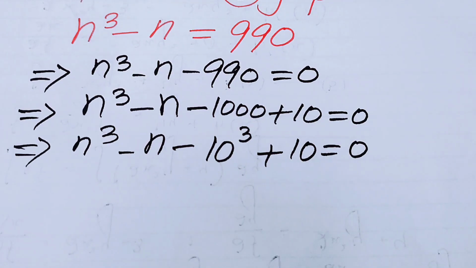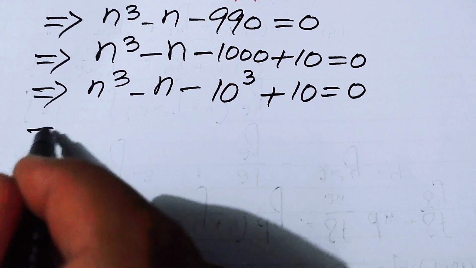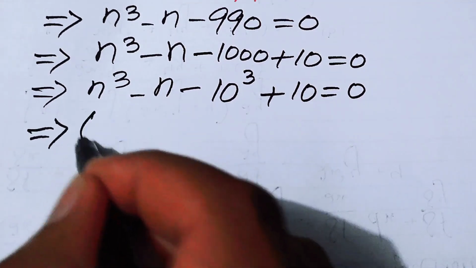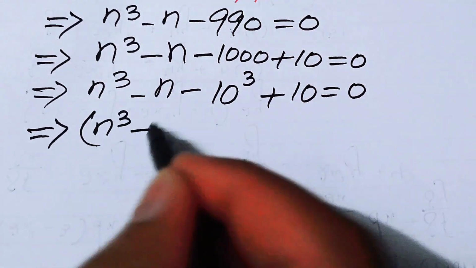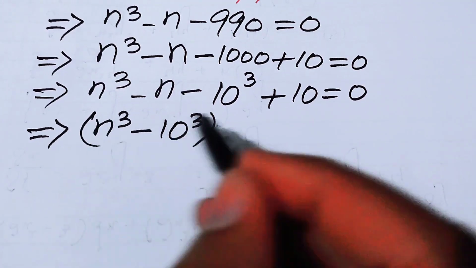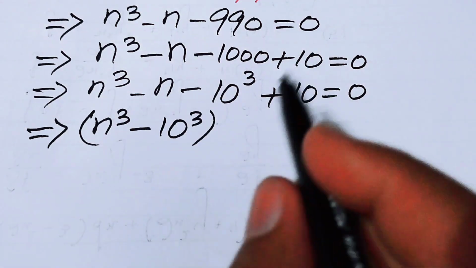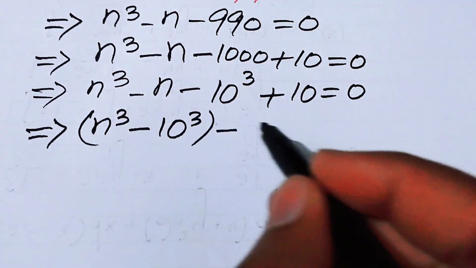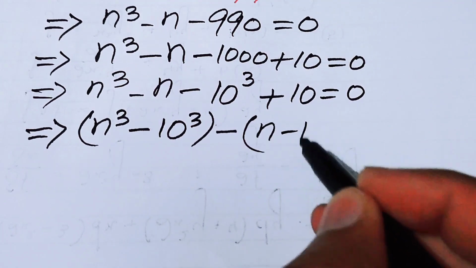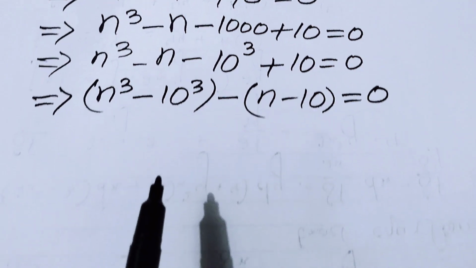And now we can make the pairs of cubic terms and the other terms. Here we have two cubic terms, the first is n cubed minus the other term 10 cubed, and the remaining terms are minus n and plus 10, so we take a common factor from these two terms and we get n minus 10 is equal to 0.